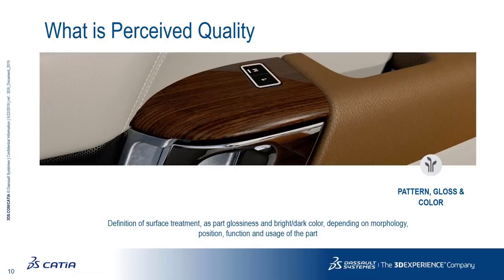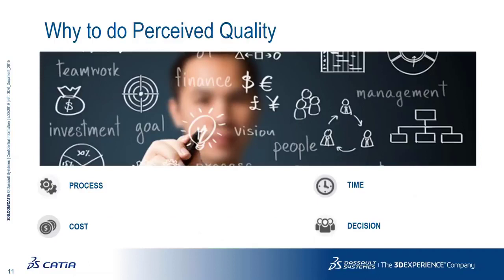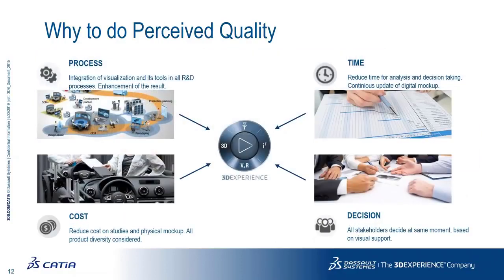So we covered now what perceived quality is. Let's come to why we should do perceived quality. So basically, first of all, with the help of visualization, you can enhance your process. You can speed up your process. You can save time because you can reduce the time for analysis using digital mockups.